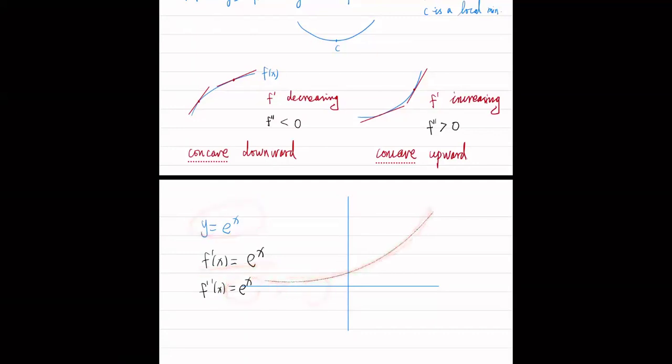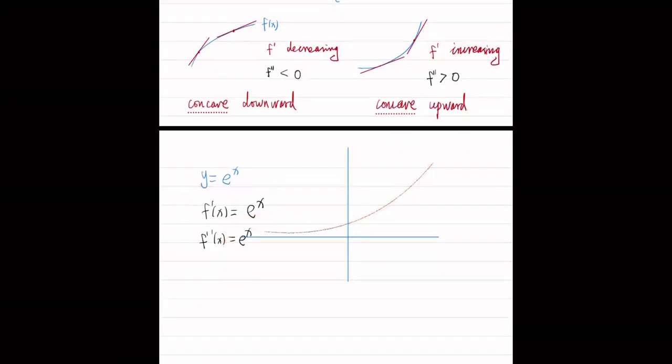upward. Okay, so the logic: we go from the second derivative being positive, to the derivative increasing, and the function is concave upward.